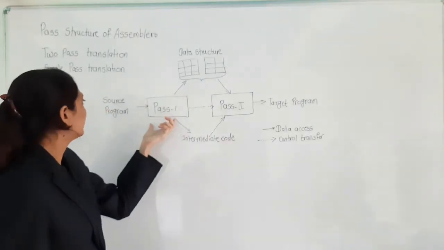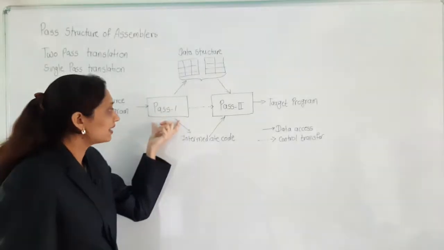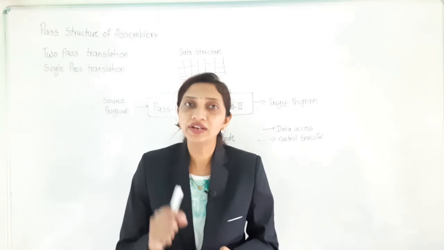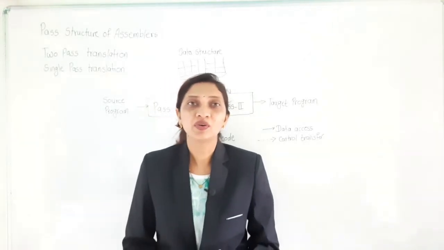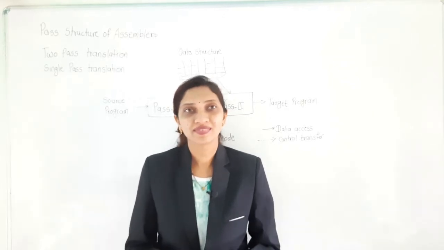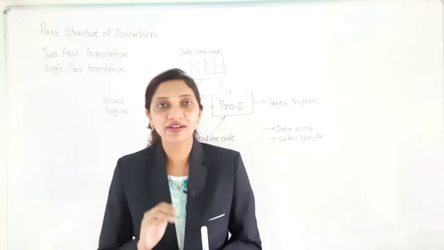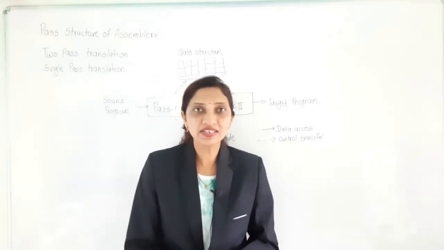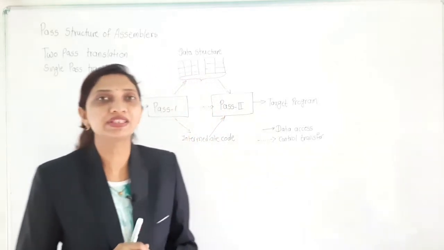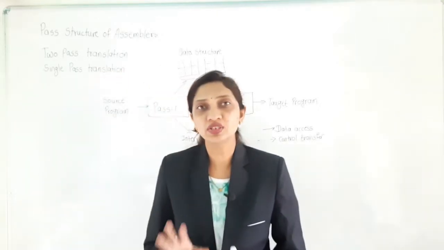First, the source program is given to the analysis phase, and then the analysis phase converts the source program into an intermediate representation. The intermediate representation contains two kinds of components.